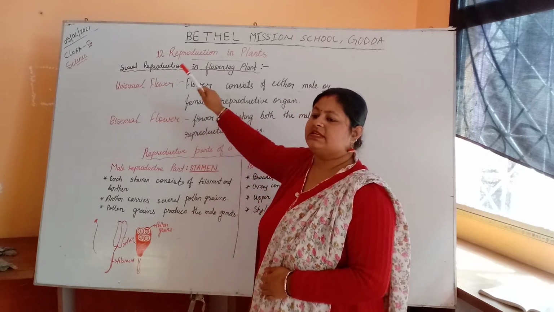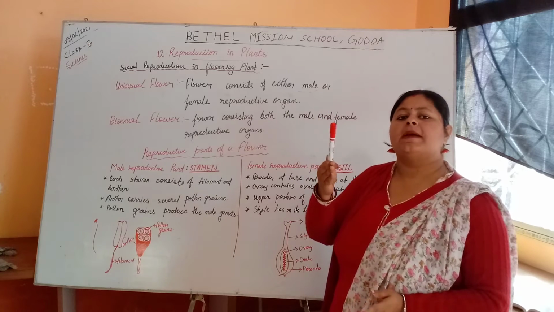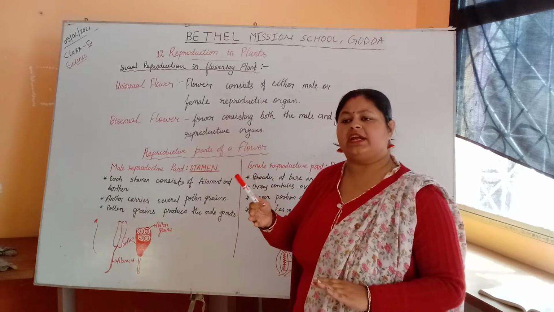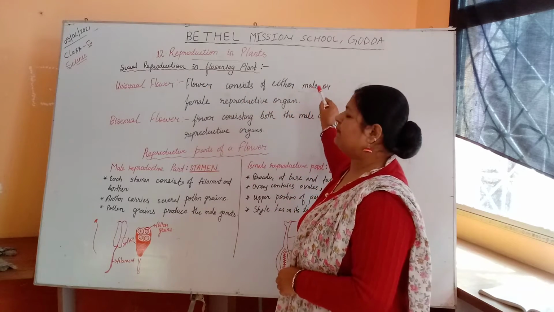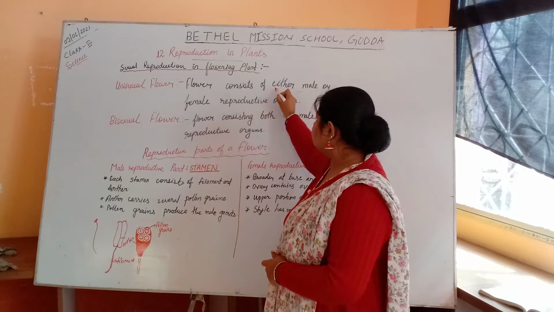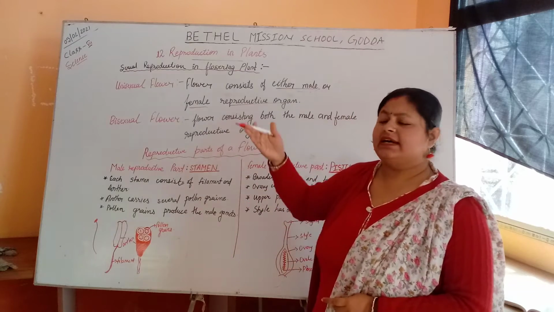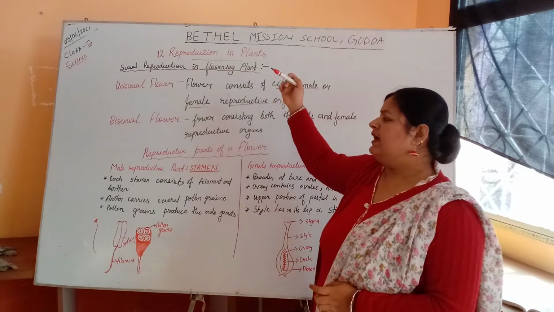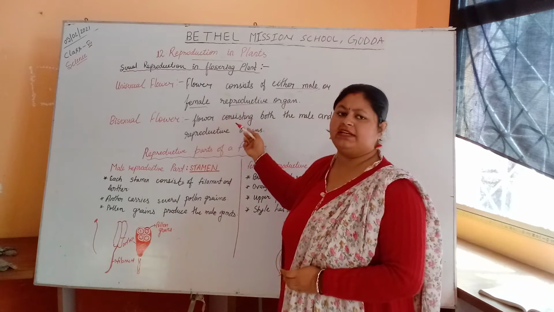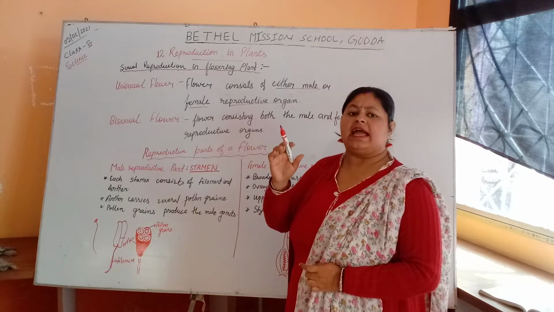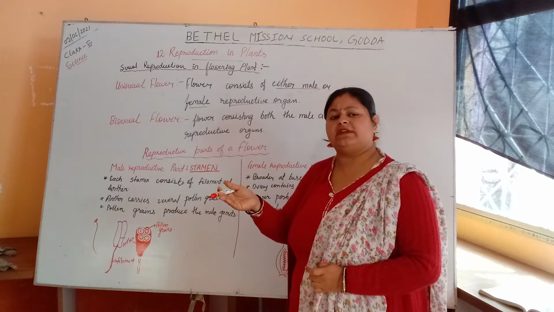A unisexual flower is a type of flower in which only one reproductive organ is present, either the male or the female reproductive organ.